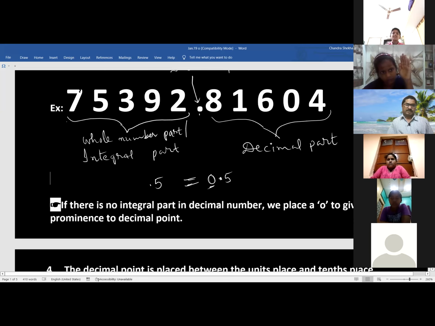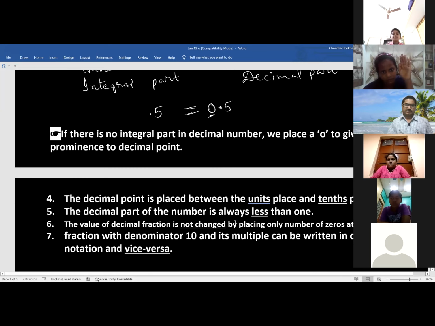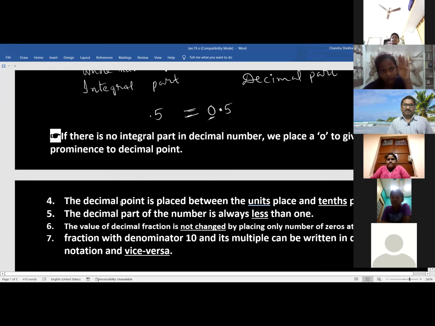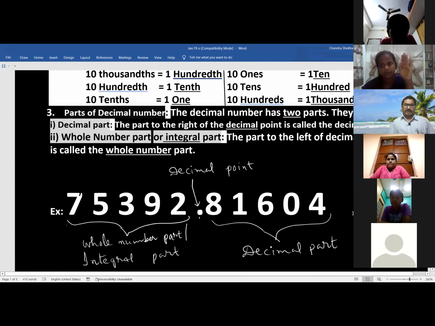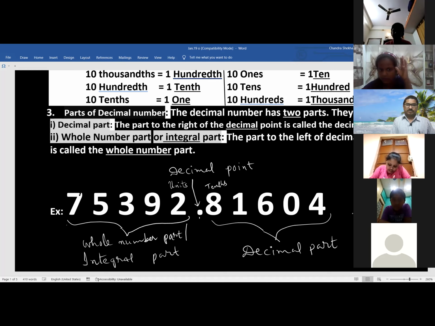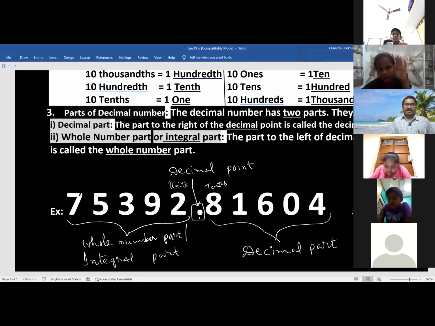Okay, sir. Understood. Yes. Next. The decimal point is placed between units place and tenths place. Understood?